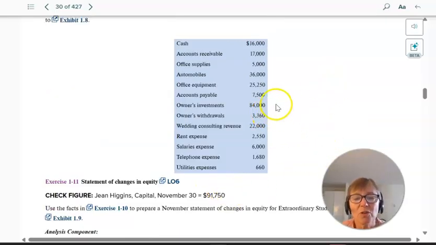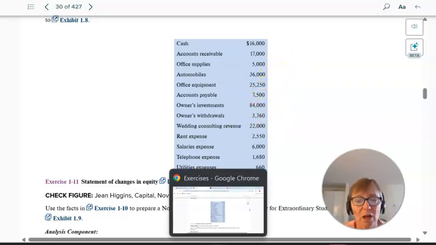So we know we've used our investments, we've used our withdrawals, we've used our revenue and all of our expenses. So we can tick those off. So maybe the easiest way to do it is to just check them off, know that you've used them so that you don't miss any. Because if you miss one, you're not going to balance. Okay, so we know all of our assets, cash, accounts receivable, office supplies, automobiles, and office equipment.